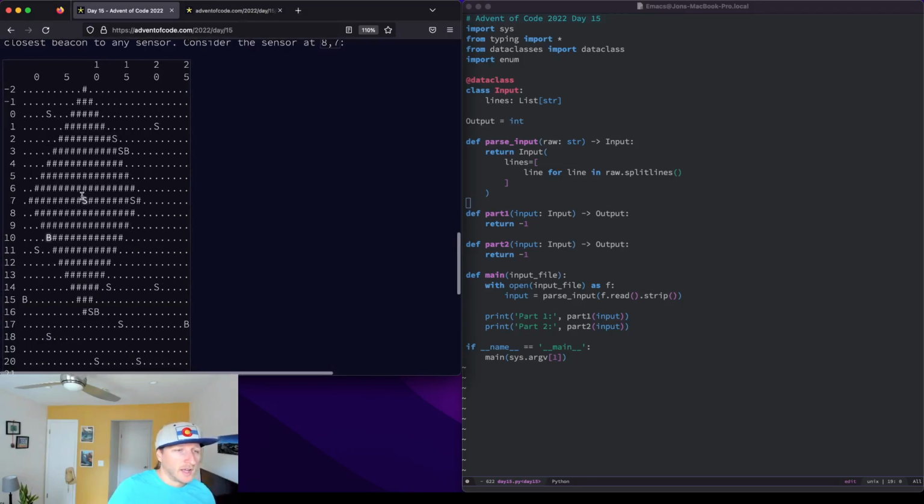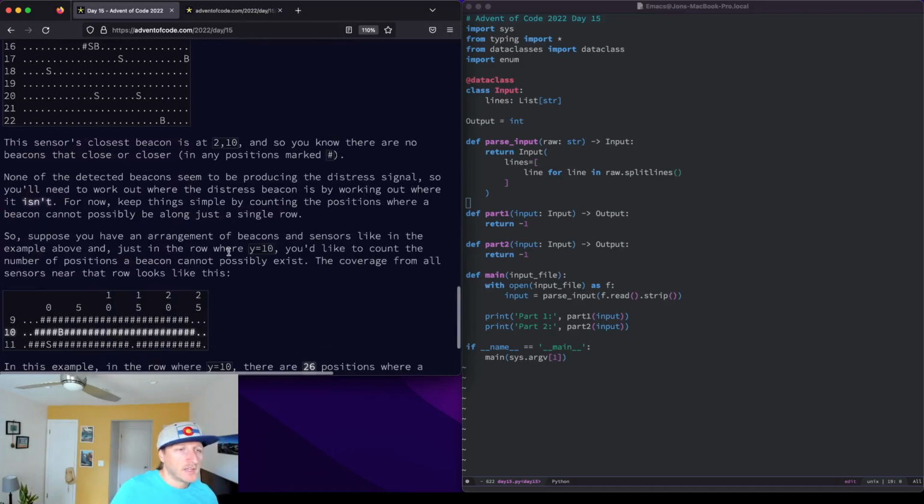Right, so using Manhattan distance, this beacon is the closest one, but that means there are no beacons in this area, okay? The sensor's closest beacon is 2, 10, so you know there are no beacons that close or closer. None of the detected beacons seem to be producing the distress signal, so you'll need to work out where the distress beacon is by working out where it isn't.